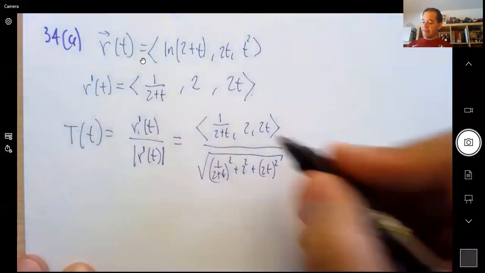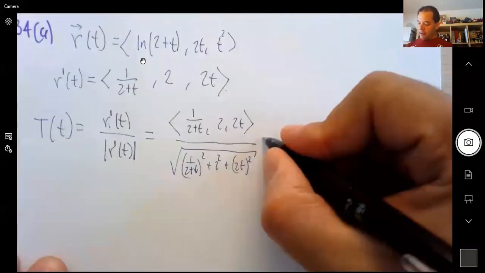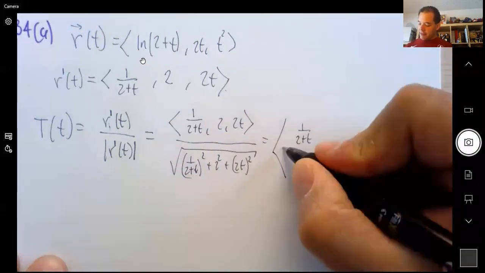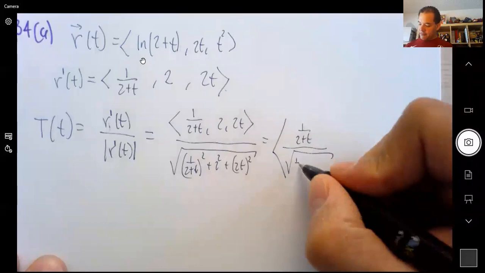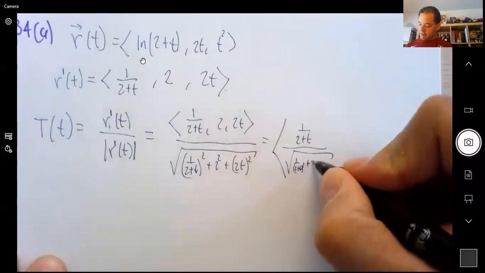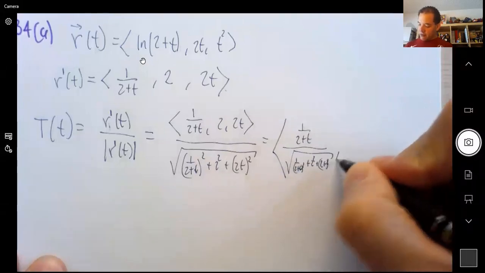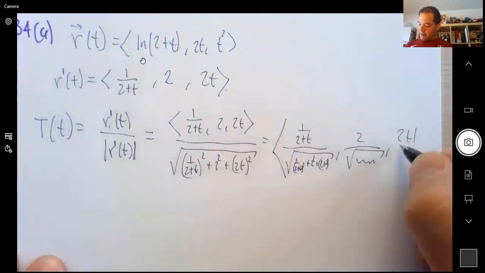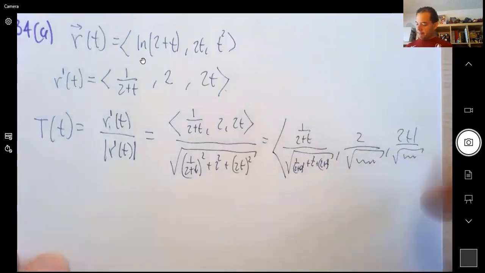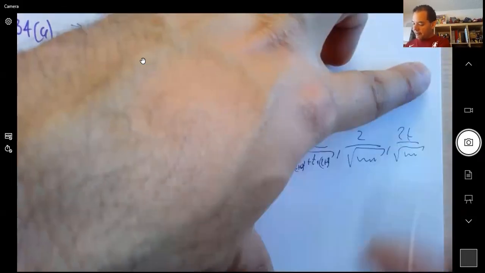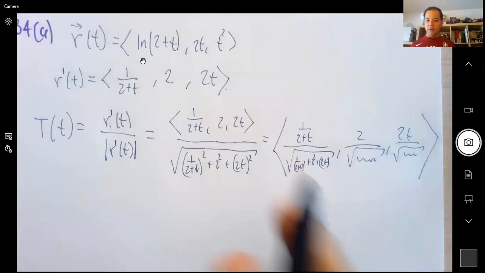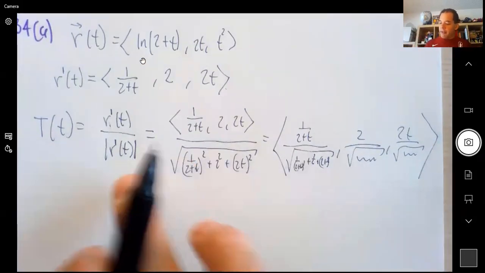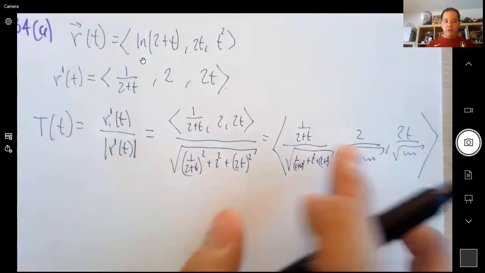And that's it. You could leave it like this, or if you want, you can write it like this: the first one divided by all of these, comma, 2 divided by the same square root, 2t divided by the same square root. Either way, you can leave it here. This is fine. The way you multiply by a constant is you multiply each one of the components.